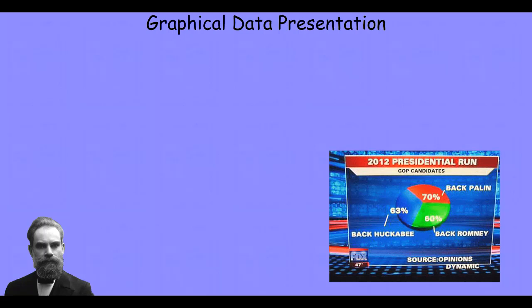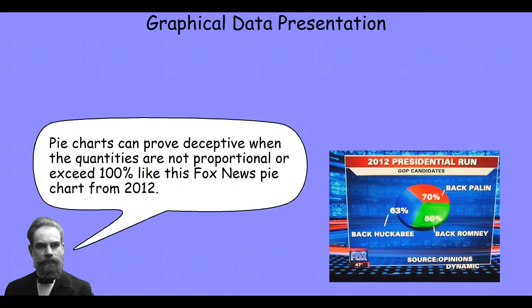One final one here. This is a pictogram, a pie chart. Pie charts can prove deceptive when the quantities aren't proportional in the chart or they exceed 100%. Now, this was a Fox News pie chart from the 2012 presidential run.